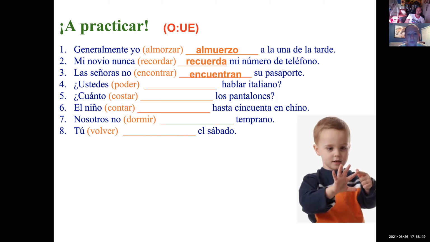Ustedes pueden hablar italiano. ¿Cuánto cuestan los pantalones? El niño cuenta hasta 50 en chino. Nosotros no dormimos temprano. Tú vuelves el sábado. Muy bien, Carly.